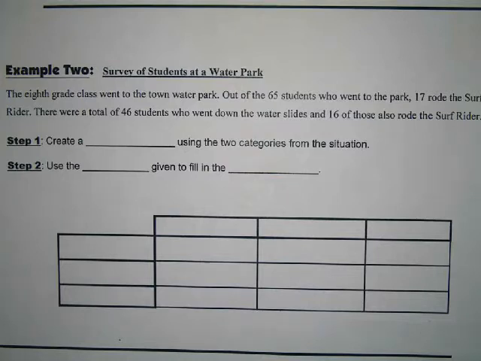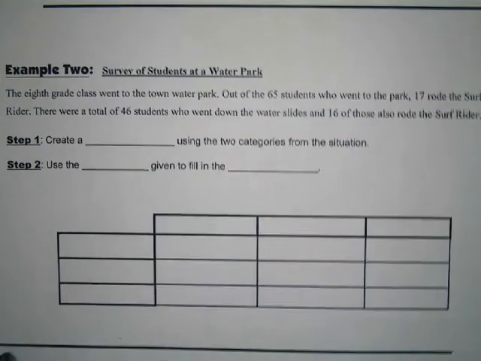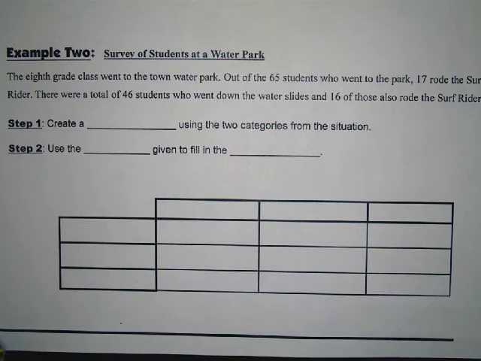Our second example is a survey of students at a water park. It says the 8th grade class went to the town water park. Out of 65 students who went to the park, 17 rode the surf rider. There was a total of 46 students who went down the water slides, and 16 of those also rode the surf rider.